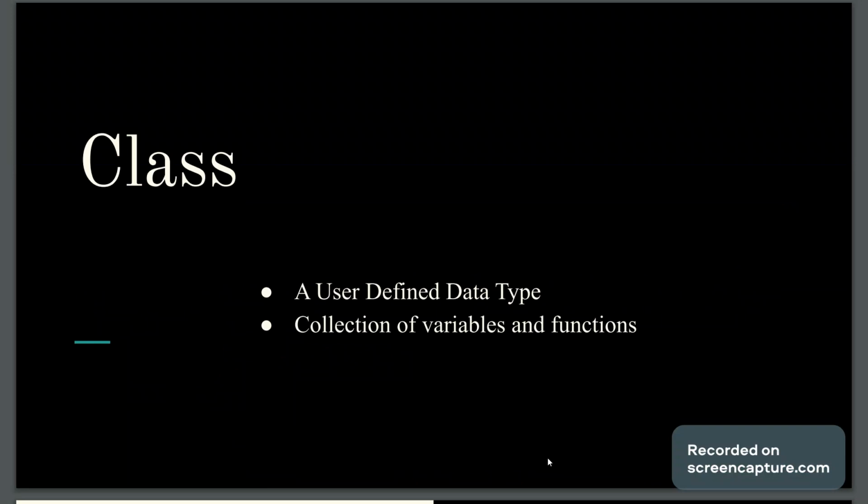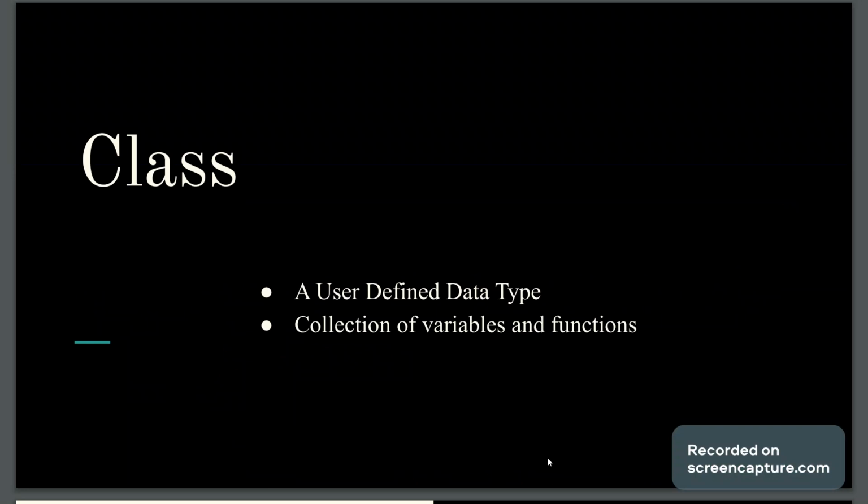Class is a user defined data type. Why? Because as per the user's requirement of the project or application, we write that data type. We can define the class as we want.